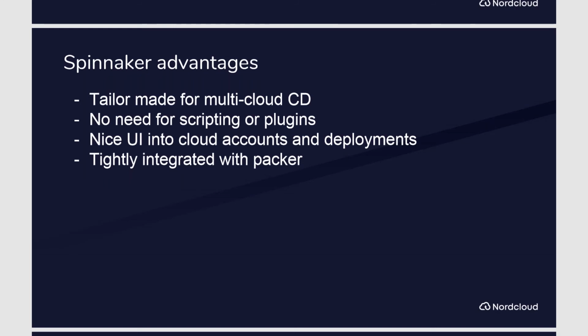The options here are quite limitless, and all this happens without any need for scripting or plugins. This is completely opposite to Jenkins, where you have around 1,400 different plugins, and you don't always know how well everything is maintained. I think this is really nice in this respect.